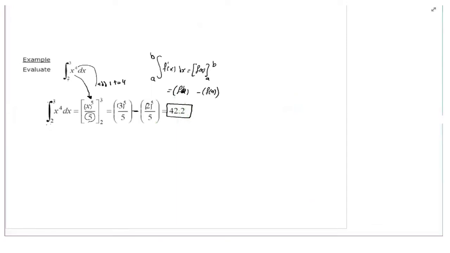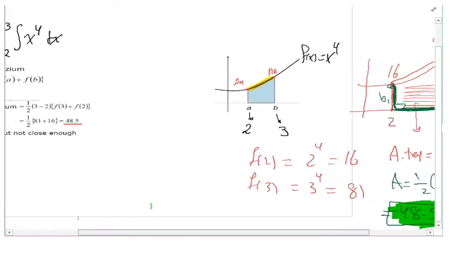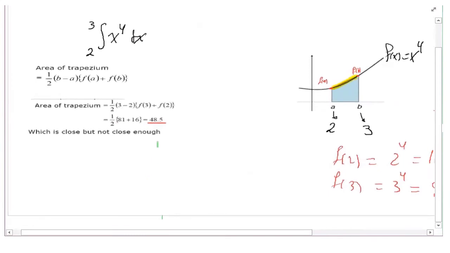But now we are saying that the area is 48.5. Is it an overestimate or an underestimate? It's an overestimate. But it's not close enough. And I'm going to present to you why it's not close enough.